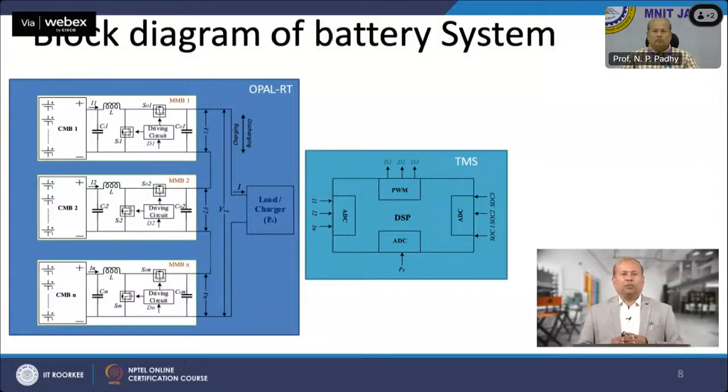Each module consists of a CMB, known as cell management block, which consists of cells connected in a series-parallel combination with a balancer circuit. The driving circuit, which takes input from the TMS, drives the MOSFETs.